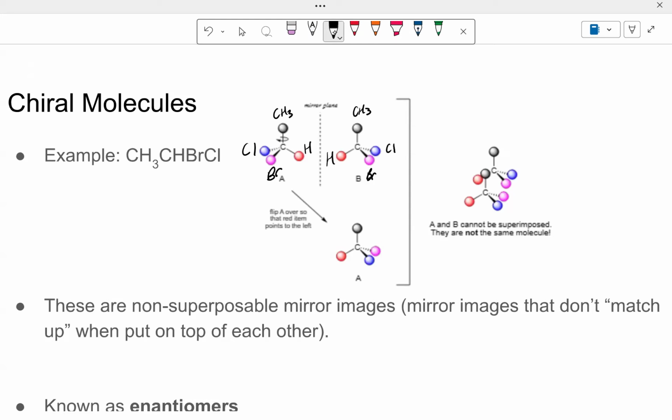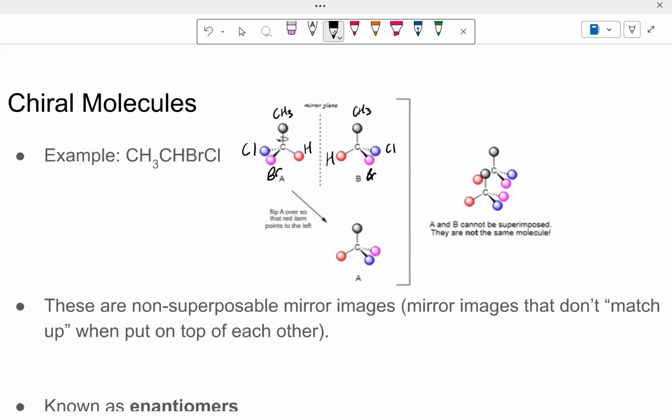Now, in order for them to be stereoisomers, they cannot be superposable. Now, what does that mean? That means I can't take one of them and put it on top of the other. And I highly encourage you, if you have a model kit, to make two of these molecules exactly the way that you see them on the screen and try to put them on top of each other.